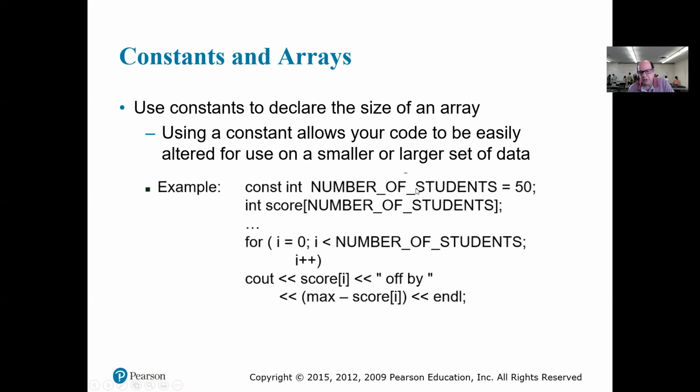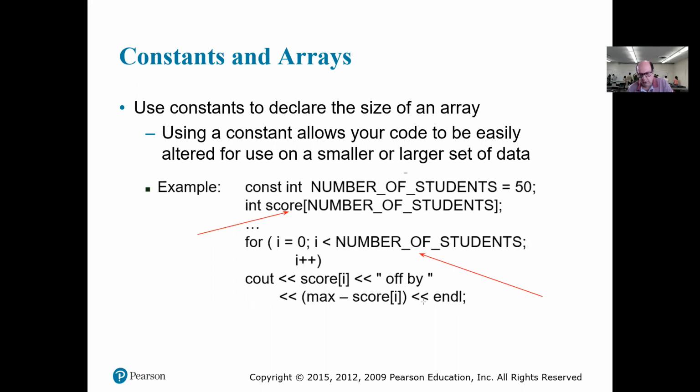Now we're going to use this constant variable to create our array. So now we're creating a 50 element array. Then we're going to use a for loop, and we're going to use that constant as a placeholder for my size, and I can go through the list.